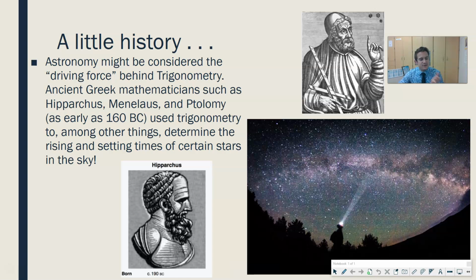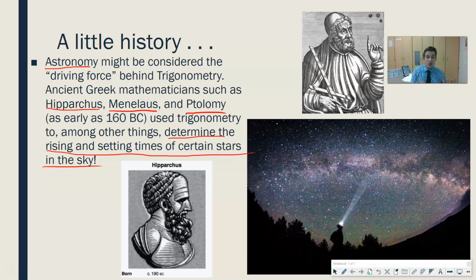A little history for my history buffs out there. Astronomy might be considered the driving force behind trigonometry. Ancient Greek mathematicians such as Hipparchus, Menelaus, and Ptolemy, as early as 160 BC, over 2,000 years ago, used trigonometry to, among other things, determine the rising and setting times of certain stars in the sky.